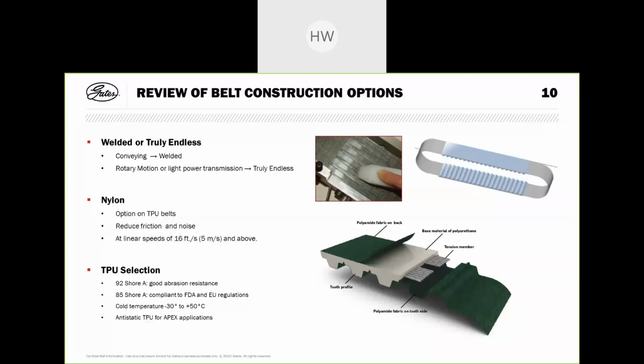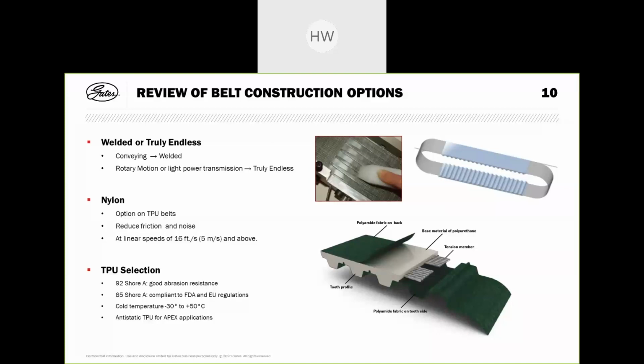But in most conveying applications, and as we've seen in the applications, that's one of our major fields, the tensile strength is not so important. Mostly the width of the belt is determined by the size of the product that we need to transport.